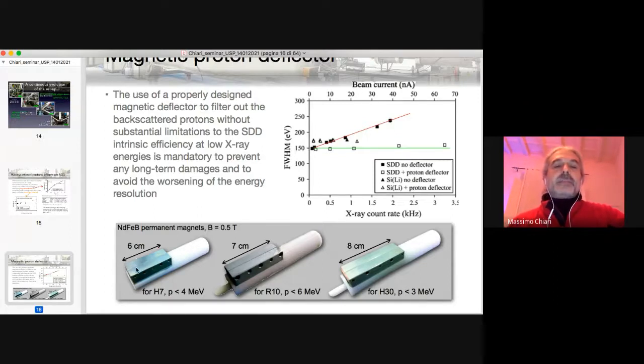That's why we need the protons to travel an increased length in the magnet. So the larger the surface of the SD detectors, the longer the magnet needs to be. There is a very simple formula, basic physics, to calculate and shape the deflector.